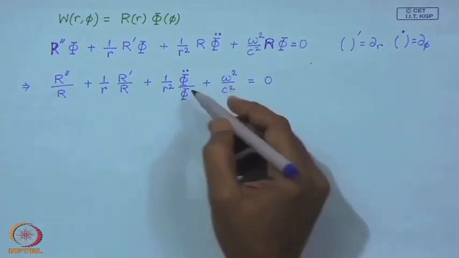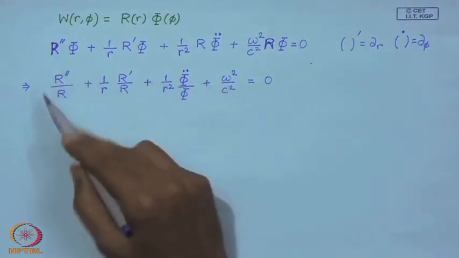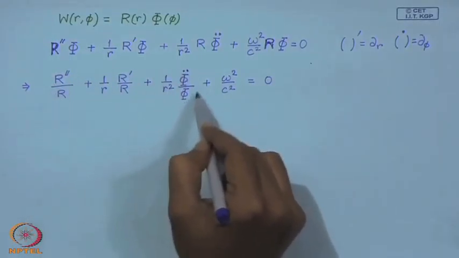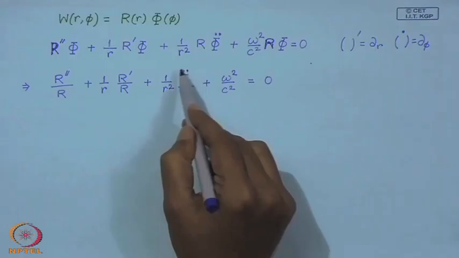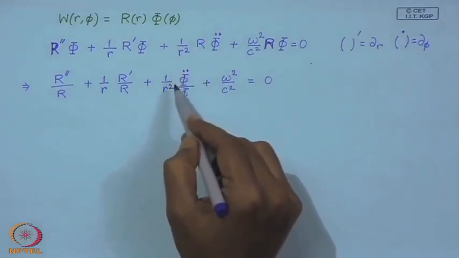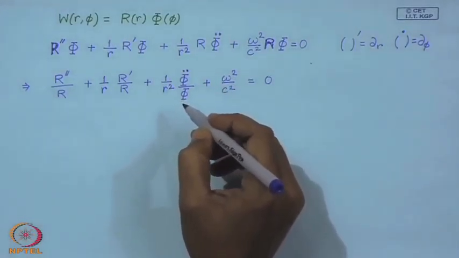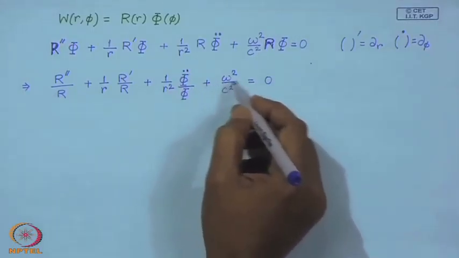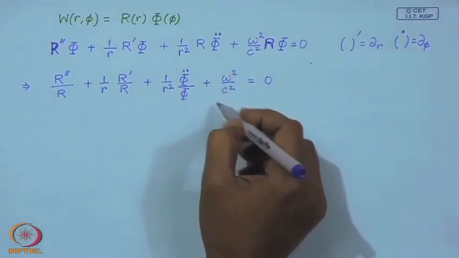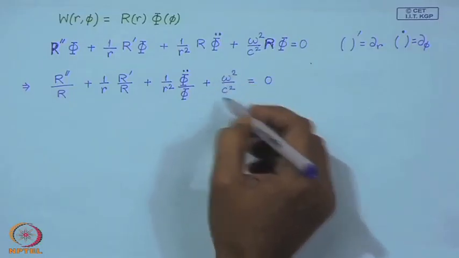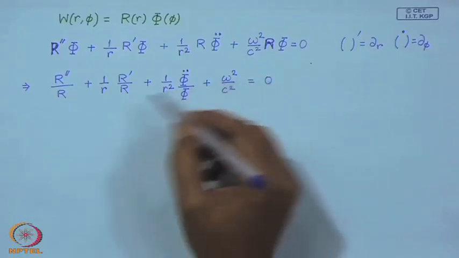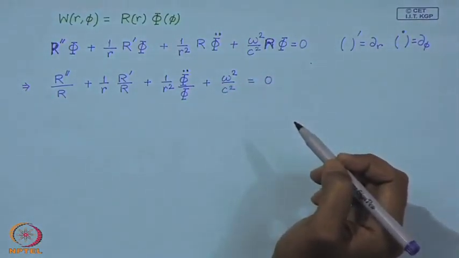So, this is a function of r and this is purely a function of phi, and they must add up with a constant which is independent of r and phi to equal 0 for any r and any phi.